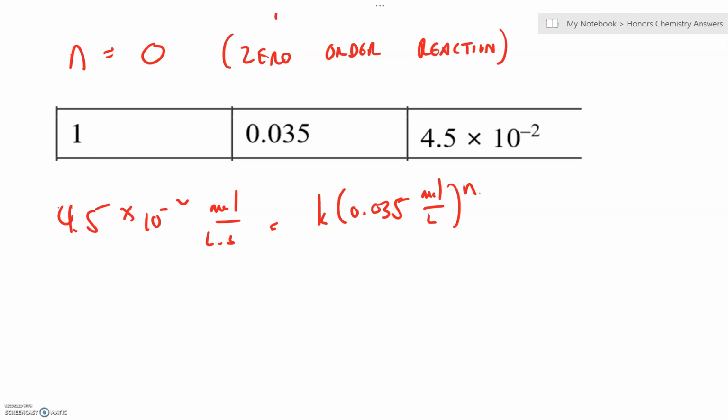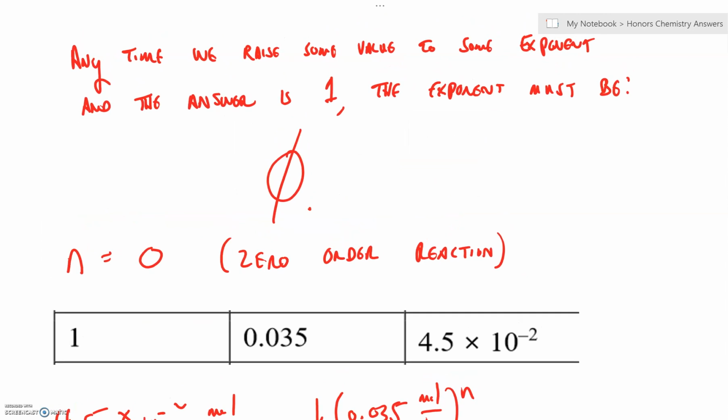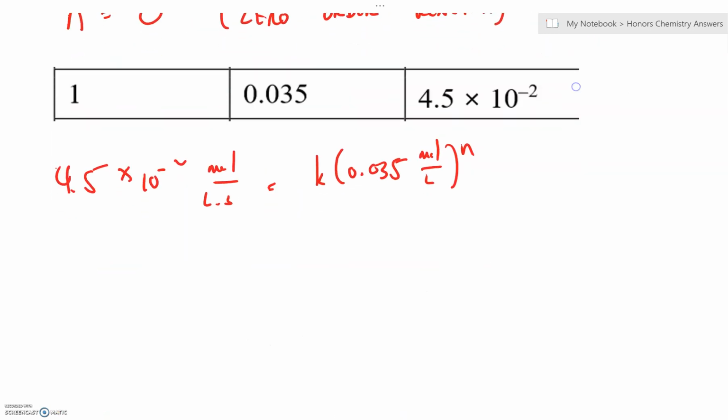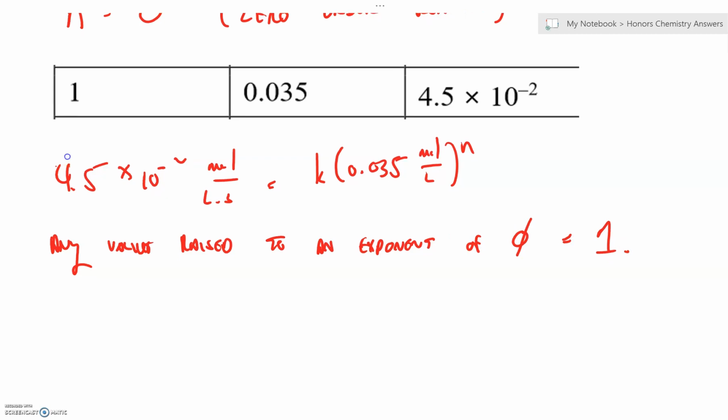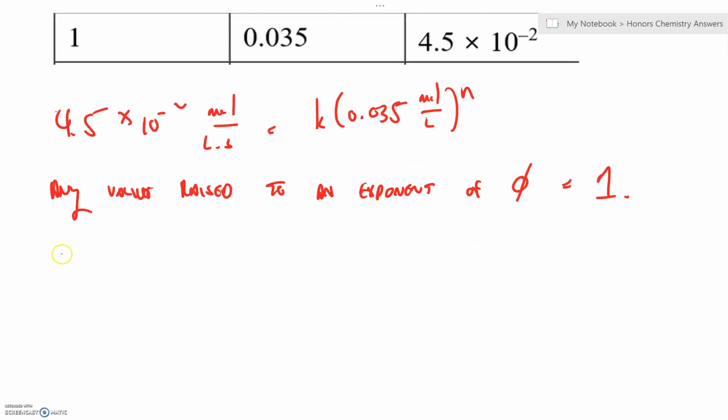Ladies and gentlemen, when you raise anything to the exponent and the answer is 1, the exponent must be 0. What that means is that any value raised to an exponent of 0 is always 1. Ladies and gentlemen, that means we don't have to go any further.